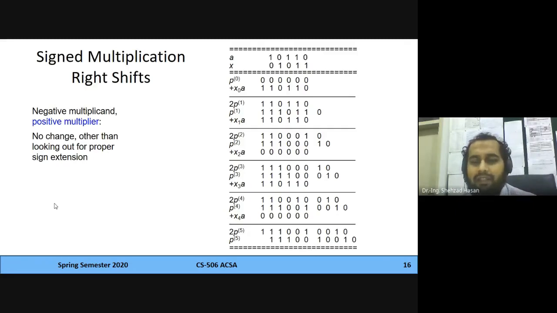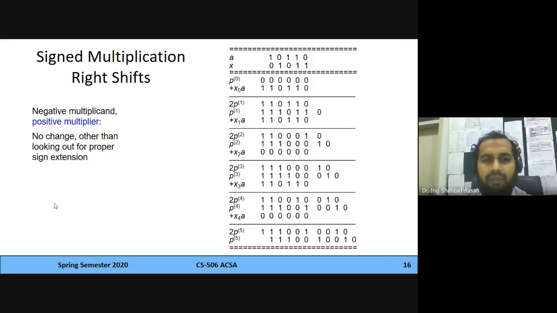Now, looking at the same algorithm, the right shift algorithm, can that algorithm be used to multiply 2 signed numbers, right? We try to do that first of all with the same right shift algorithm that we have studied. Then we are going to go to another scheme, Booth's algorithm. So let's try to do it with the same scheme. First we take the case where our multiplicand can be negative or positive, but our multiplier is always positive.